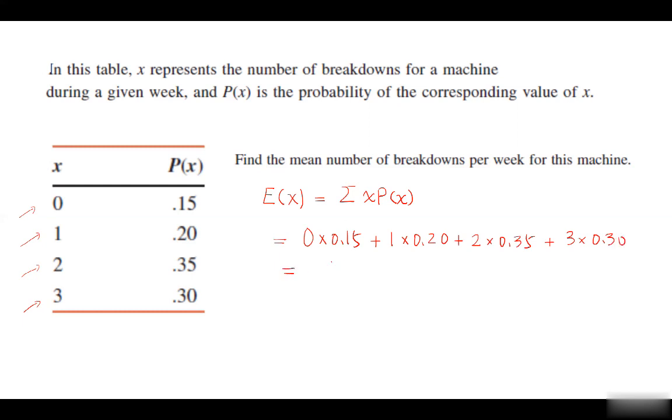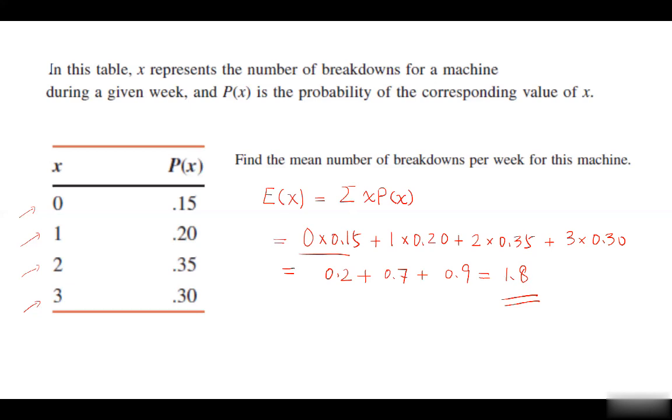We can omit the 0 term, and 1 times 0.2 is 0.2, plus 0.7, plus 0.9, which is 1.8. Okay, so what does the 1.8 mean? It means that sometimes the number of breakdowns is higher, sometimes it's lower, but on average for a given week, the number of breakdowns for this machine is 1.8 times.